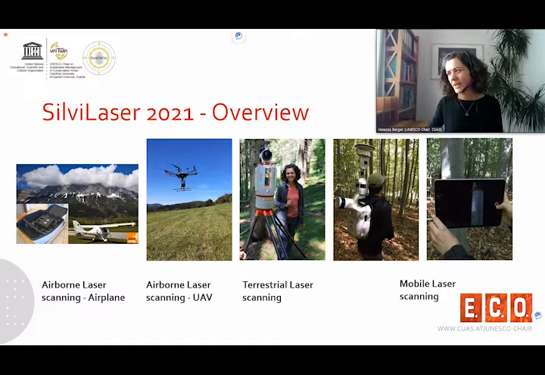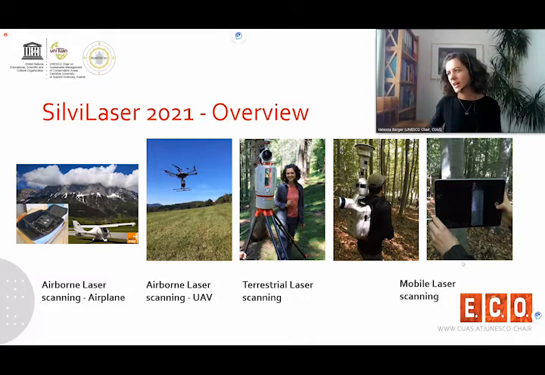Then there are quite new technologies or newer approaches, which is mobile laser scanning. Here we have a backpack where you walk through the forest with SLAM technology, which means that it's not that important that the GNSS, the GPS, is correct. You start walking a line and come back to your plot, and the point cloud is generated.